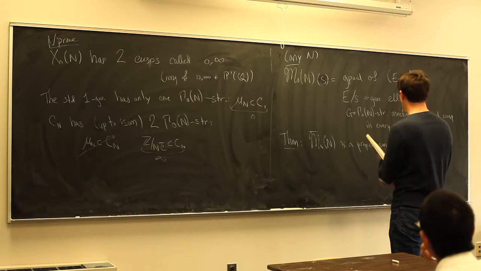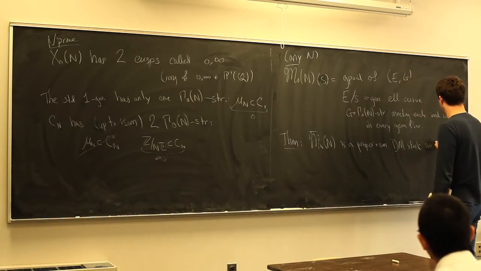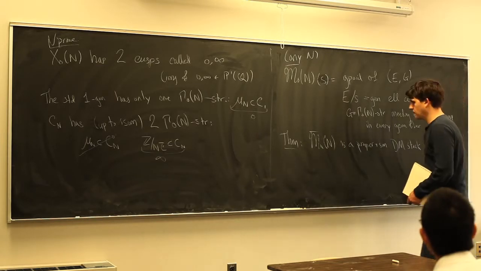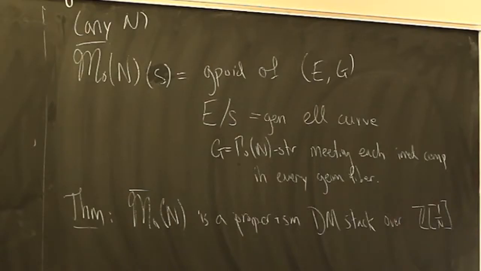Oh, yes, this is fine. Over Z[1/n]. And so all this stuff, compactifying these moduli spaces of elliptic curves by these generalized elliptic curves, is due to Deligne-Rapoport.